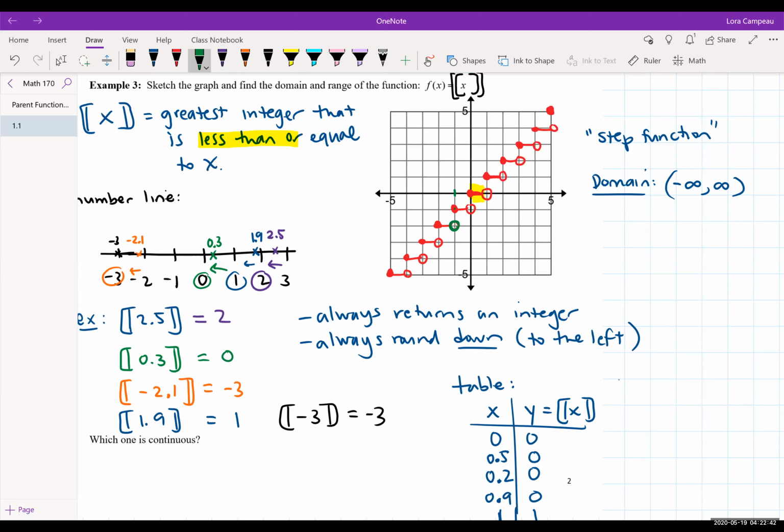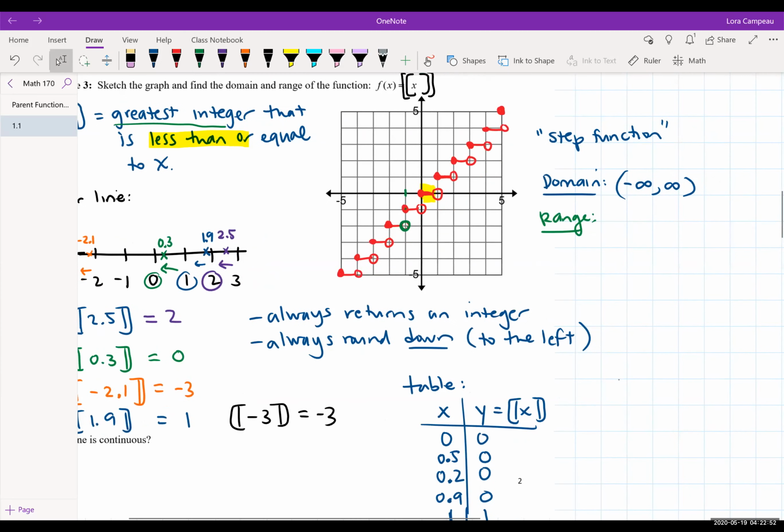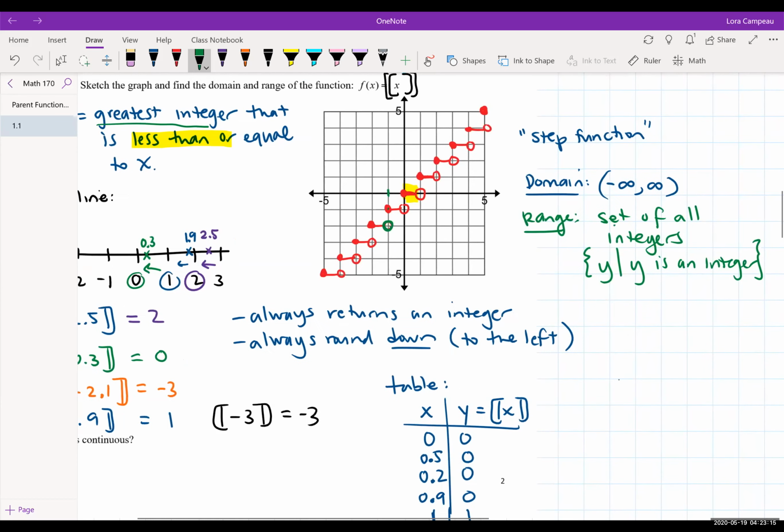So now we have the range. If we think about what the definition was, the range talks about, again, greatest integer. If I can describe it in English, sometimes that's a little easier for us too. It's the set of all integers. If you want to make it a little bit more fancy, with set notation, we could say range only has y such that y is an integer. Or if we want to make it prettier, sometimes mathematicians don't like a lot of writing.